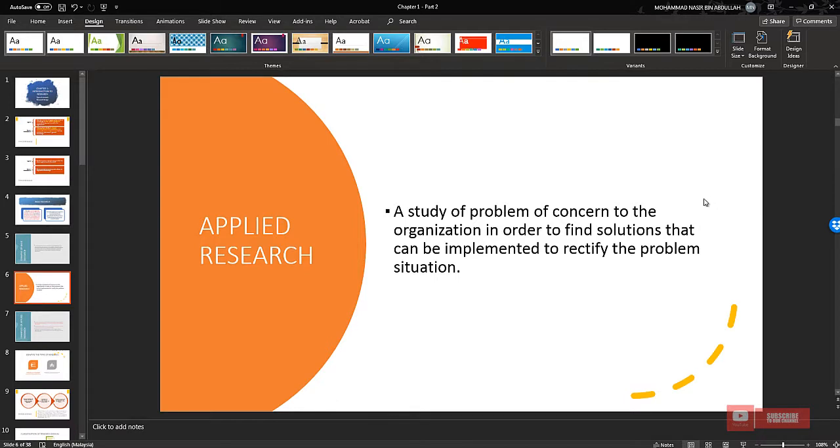Basically, applied research is a type of research design that seeks to solve specific problems or provide innovative solutions to issues affecting an individual, group, or society. It is often referred to as the scientific method of inquiry or contractual research because it involves the practical application of scientific method to everyday problems.